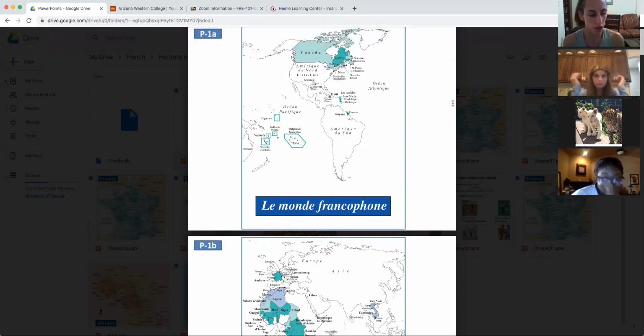This is a world map in 2 different pages, and when we look at this, it shows us really how widespread the use of French is in different countries. So in the dark green is the pays, région où le français est la langue officielle ou maternelle. So those are the locations where French is the primary or mother language or the official language of that area.